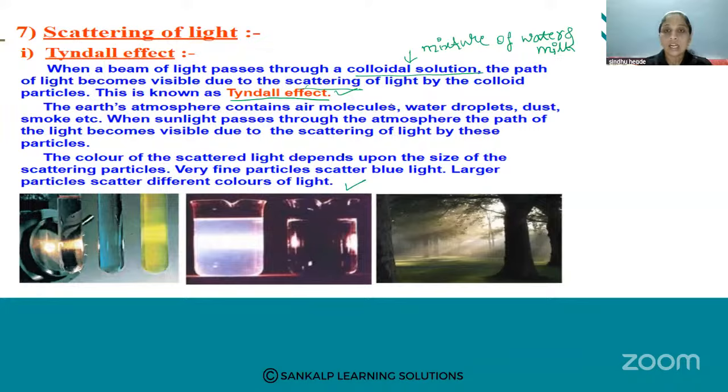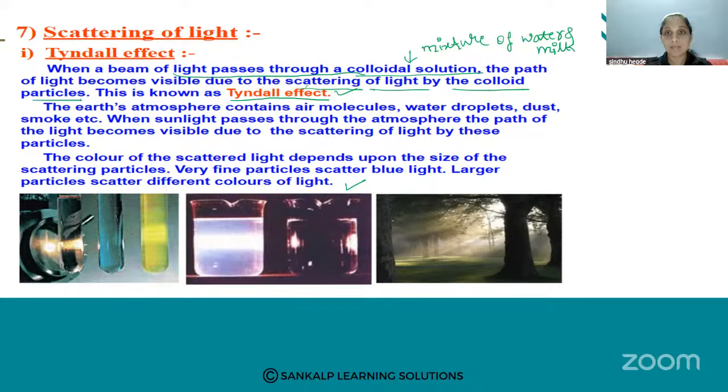So what exactly happens here? When a beam of light passes through a colloidal solution, for example a mixture of water and milk, the path of light becomes visible due to the scattering of light by the colloidal particles.